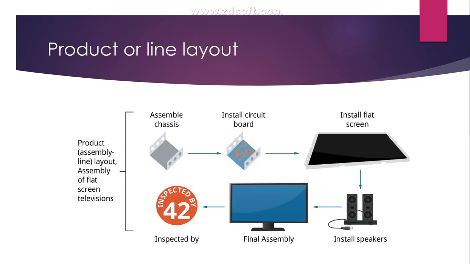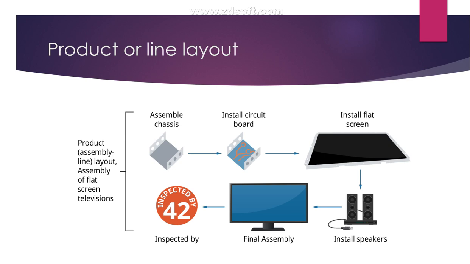Let's see it in a pictorial way. Now we have a production of television. Here the first step is to assemble the chassis, the second machine would install the circuit board, and the third one would install the flat screen.